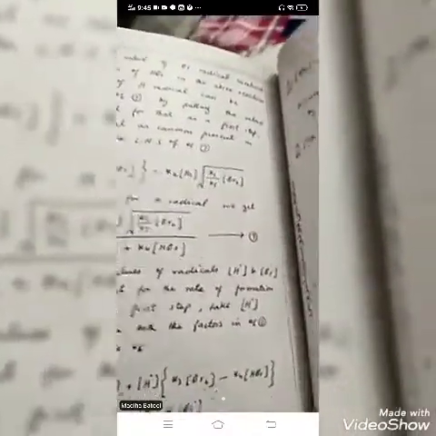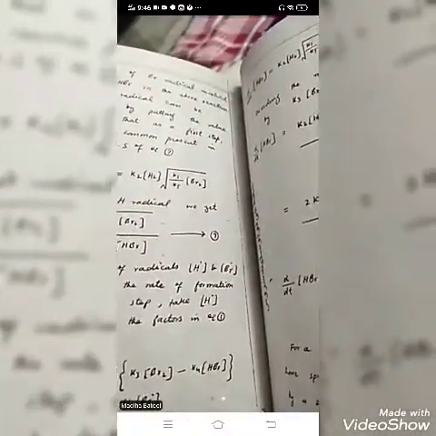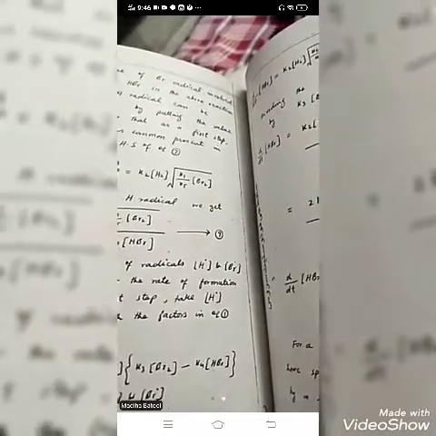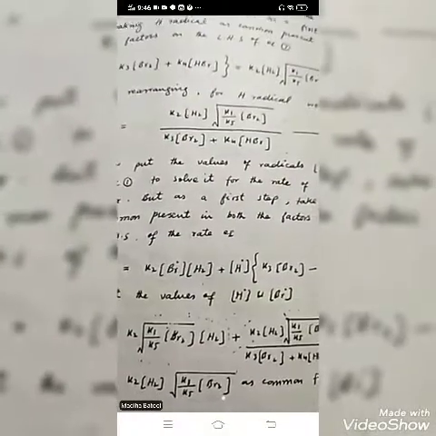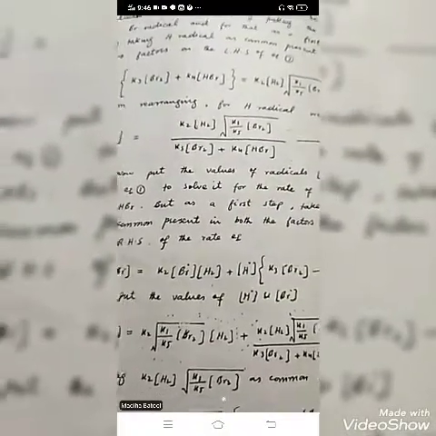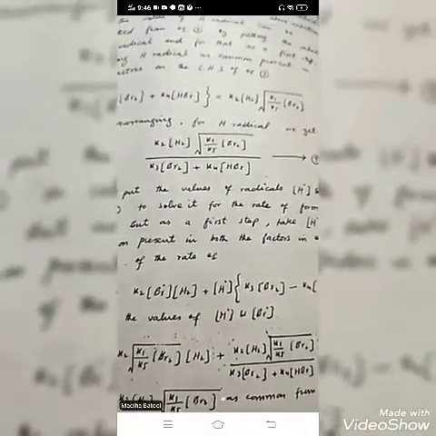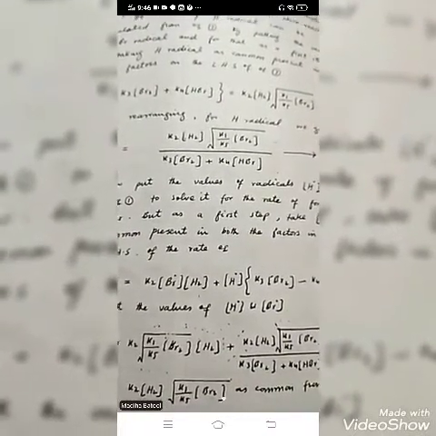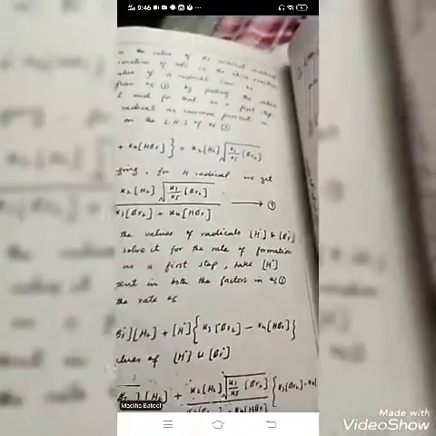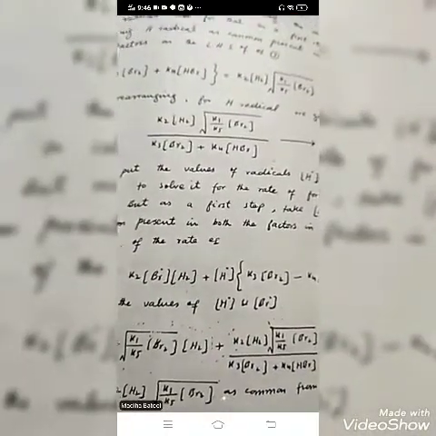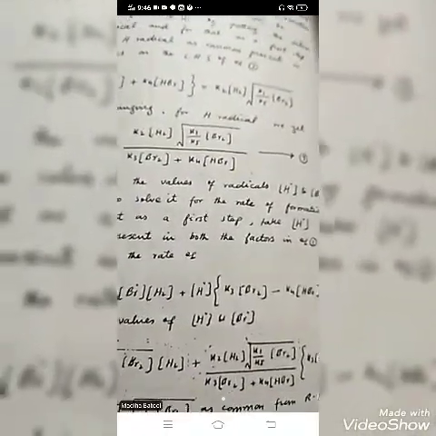Whenever you see here the hydrogen and bromine reaction, we were following the formation of HBr, but the parameters, just like the free radical of hydrogen and the free radical of bromine, H naught and Br naught, we were calculating from the equation.